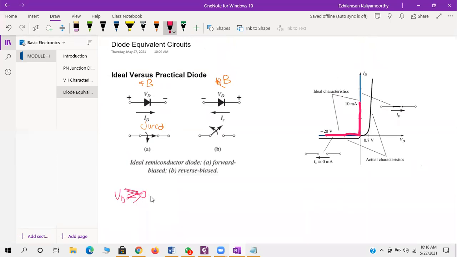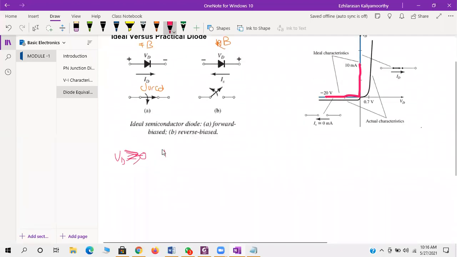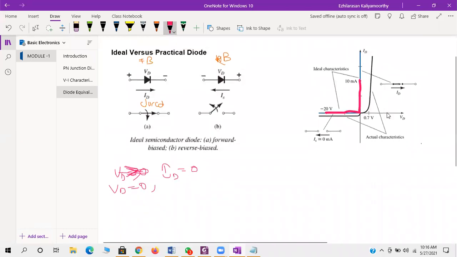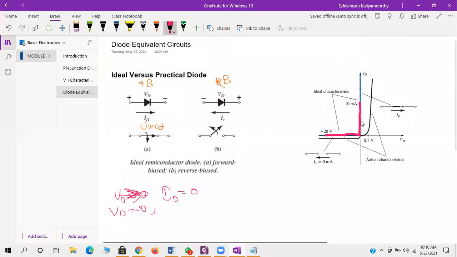When Vd is greater than 0, you may think a current will flow, but it is a very small amount of current. In the ideal case, you have to assume ID is equal to 0. I'm giving the ideal condition for the ideal diode: when VD is equal to 0, ID is equal to 0.